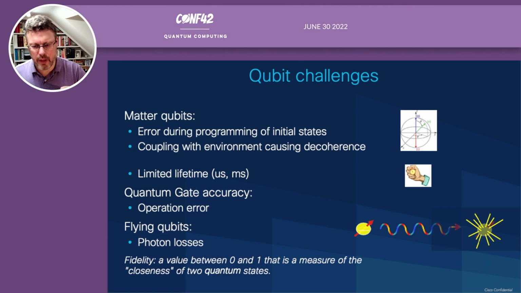That means that if we don't have the right interactions when we set up the quantum circuit, we're going to have programming errors in initiating the states, and that's one set of challenges that we're going to face. In other words, how faithfully can we program something? Then the qubits themselves are likely to interact with the environment that they're in, causing decoherence between the entangled particles.